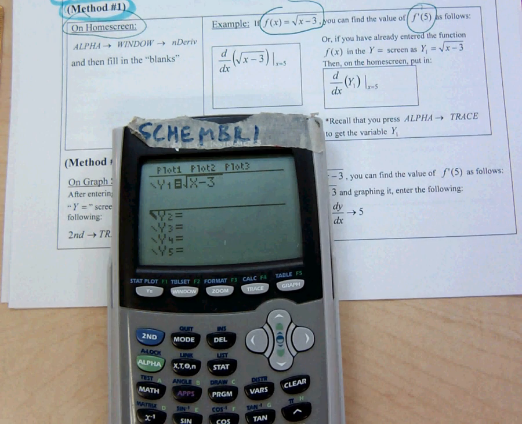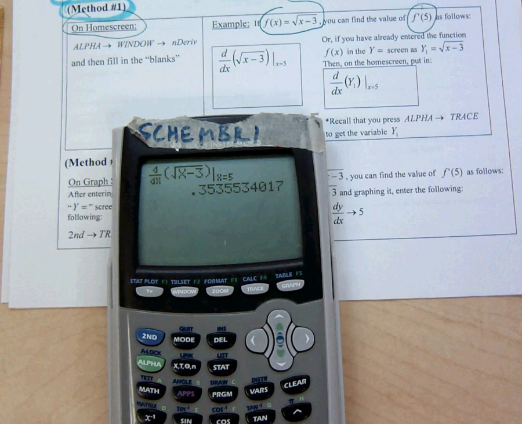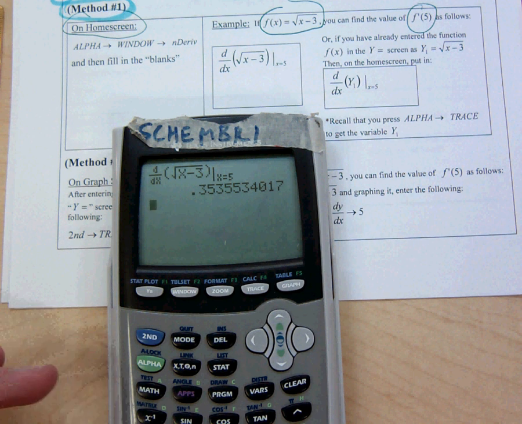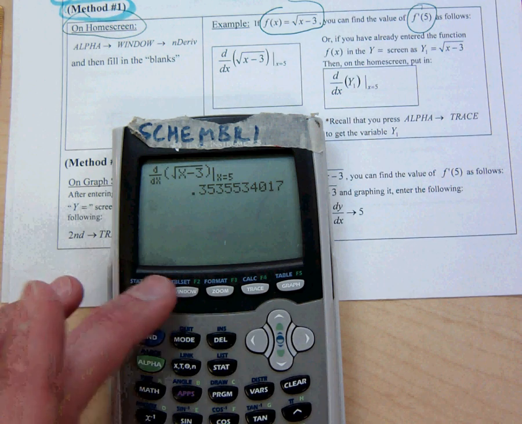Suppose you already did part A and you had to graph it. Obviously in order to graph it, you've got to store it in y1. Now get out of here by hitting second quit and go back to the home screen. Get your derivative again: alpha, window, and nDeriv, right?